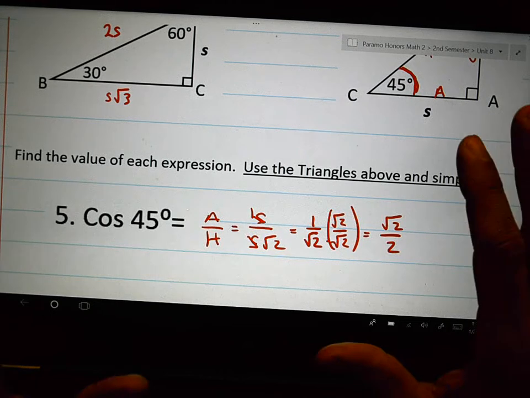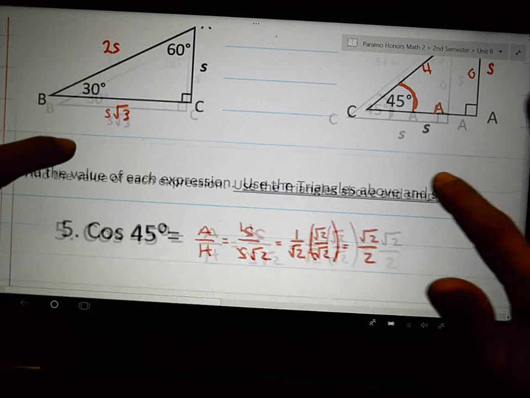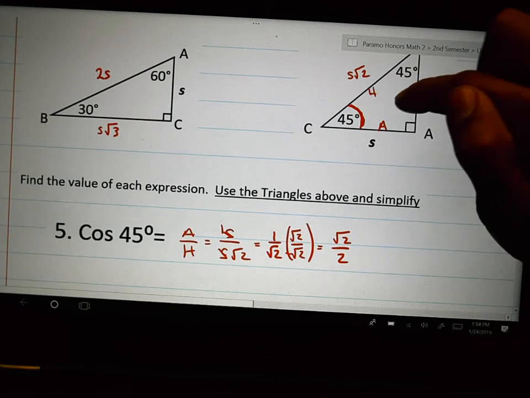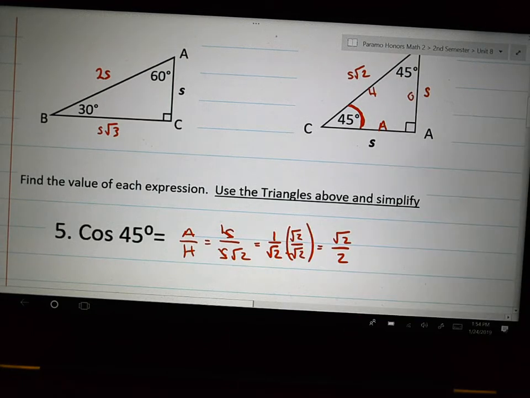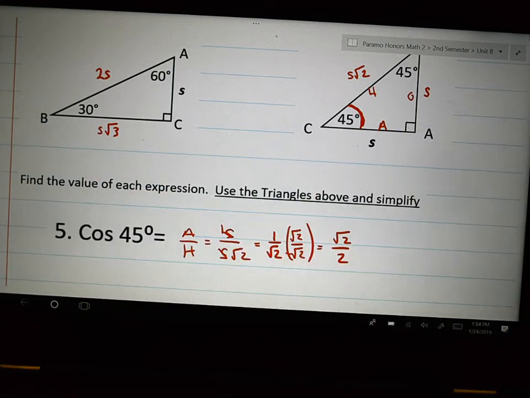Now notice I'm showing you that the calculator knows what the ratio is. And we did not use the calculator. We used a triangle to answer this question. Every problem that you have on that first worksheet can be done with a triangle and without a calculator, using these special ones.